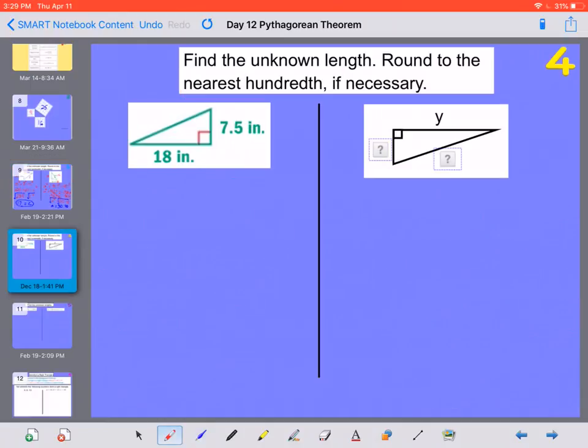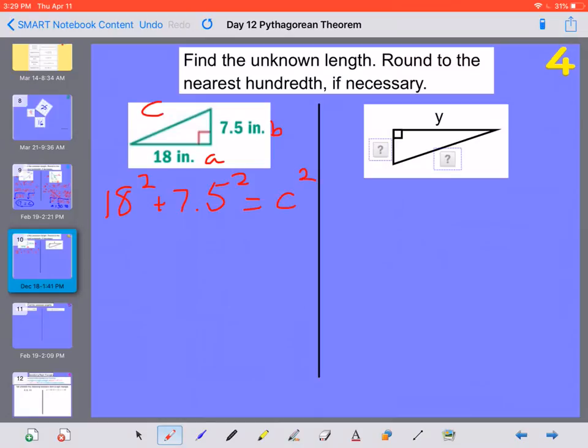Alright, just some more practice. Here we have A and we have B. We're trying to find C. So 18 squared plus 7.5 squared equals C squared.